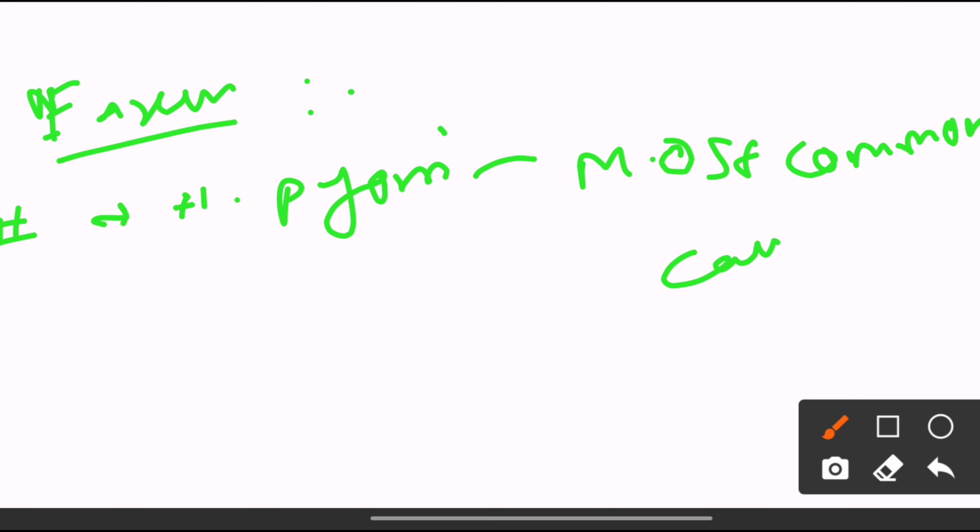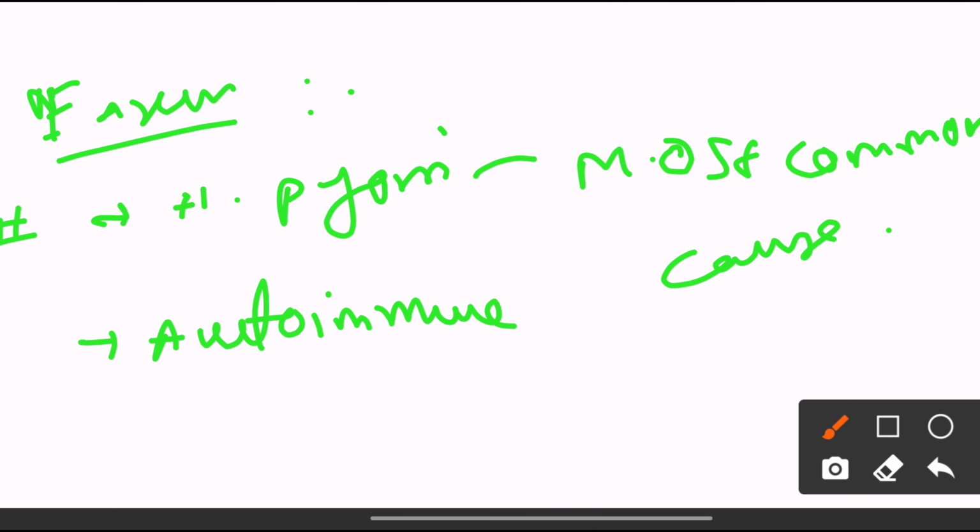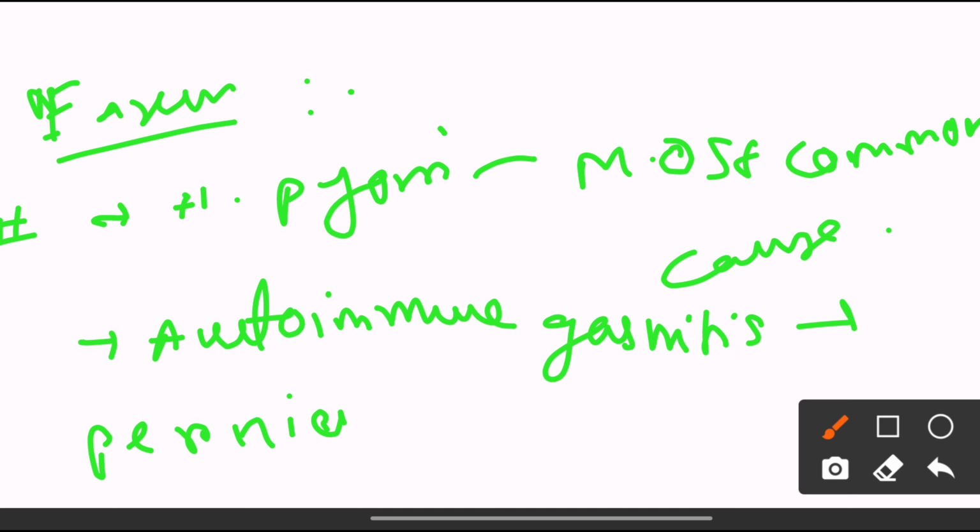Autoimmune gastritis occurs in pernicious anemia.